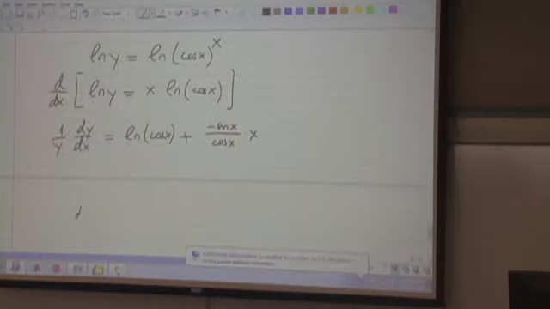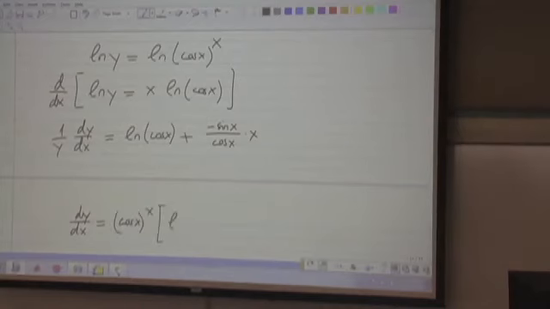And so dy over dx. Did you do some chain rule there? Yes. dy over dx is equal to cosine of x to the x power multiplied by the natural logarithm of cosine of x minus x times sine of x over cosine of x.